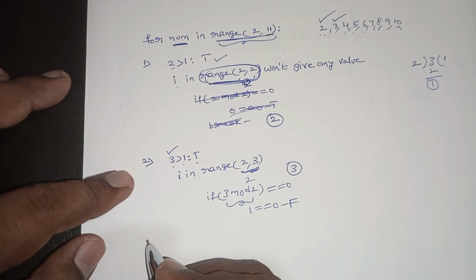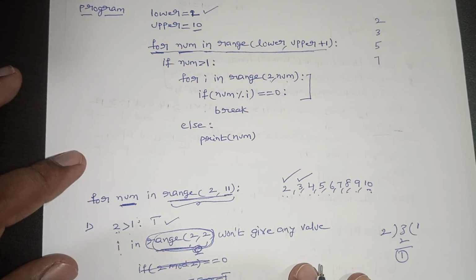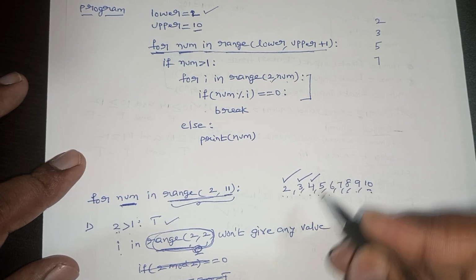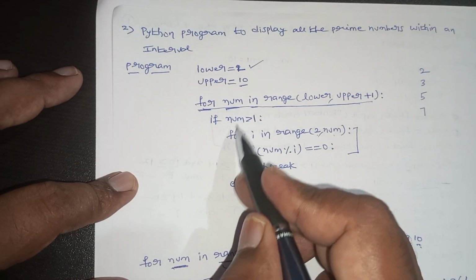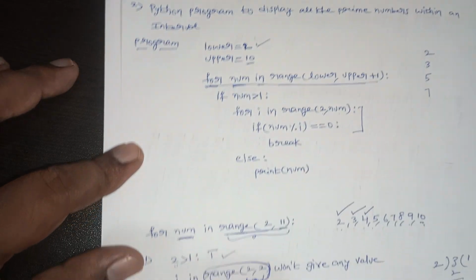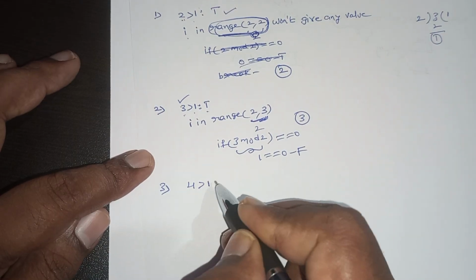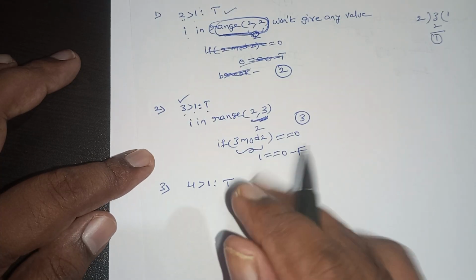Now the third one. Now what is the number? Number equal to 4. So number equal to 4, you check the condition. 4 is greater than 1. Condition true or false? Condition is true. Next what do I have to do?